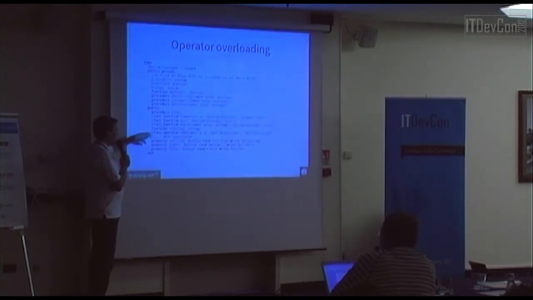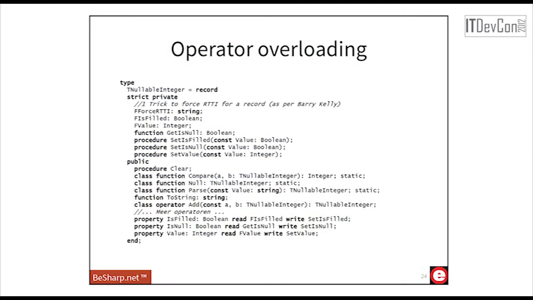You got a lot more operators and then a couple of properties here. A value, I think I throw an exception when you ask for the value and there's actually null, so it doesn't have a value. So this is the foundation for all my nullable types, and the rest is syntactical additions.